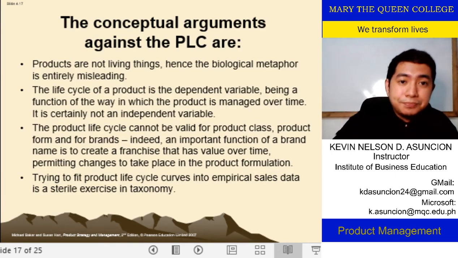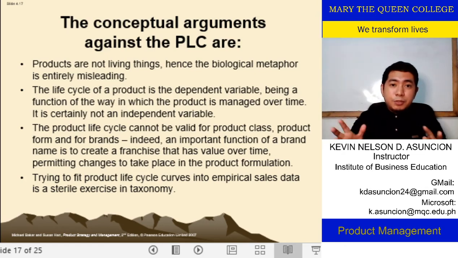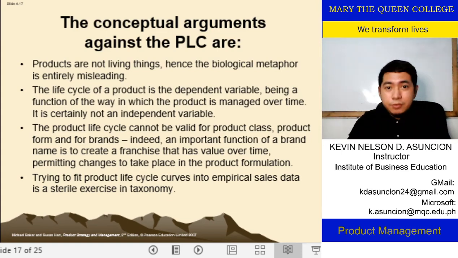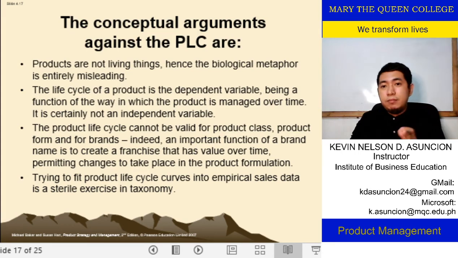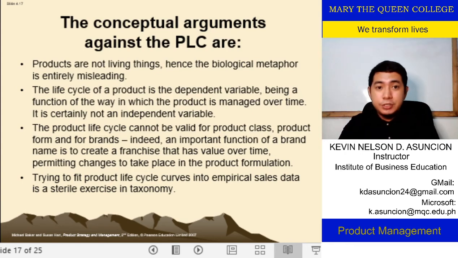Okay, so the conceptual argument about the PLC is that products are not living things, as I've also mentioned with you, no? So the biological metaphor is entirely misleading. But I would like to discuss with you that we just use that as an illustration, no? We use that as an illustration.